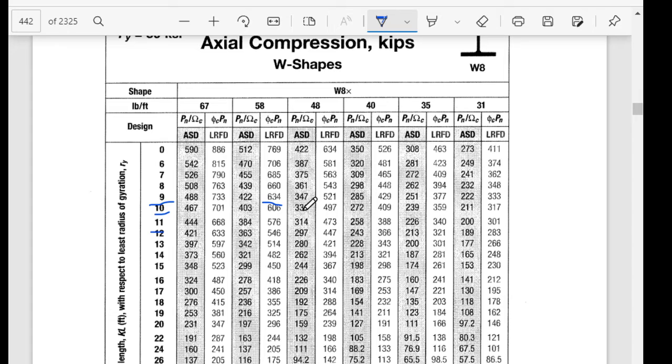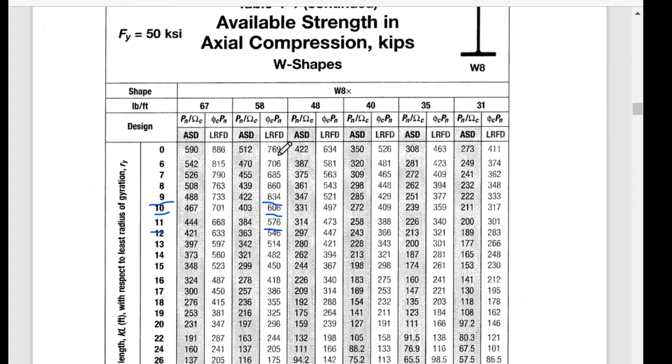Interpolation, you know already how to interpolate, right? For W8 by 58, we have these values, 606 and 576, for 10 and 11.